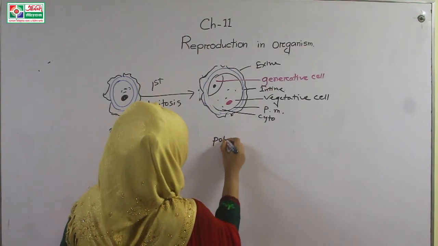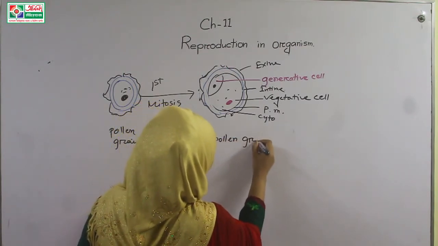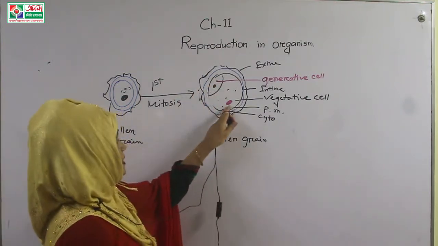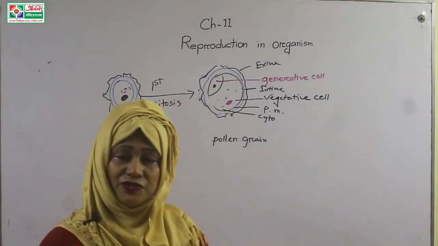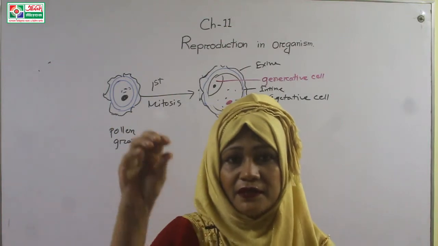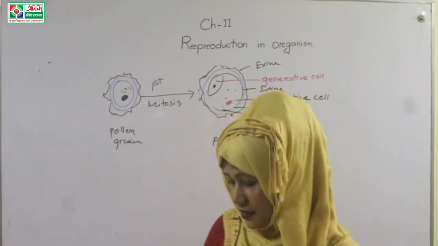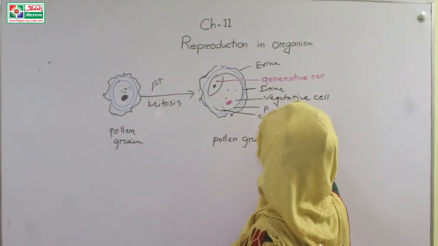This is also a pollen grain. This is the generative cell and the whole structure is the vegetative cell. The generative cell remains attached to the plasma membrane at first. After some time, what happens, students?